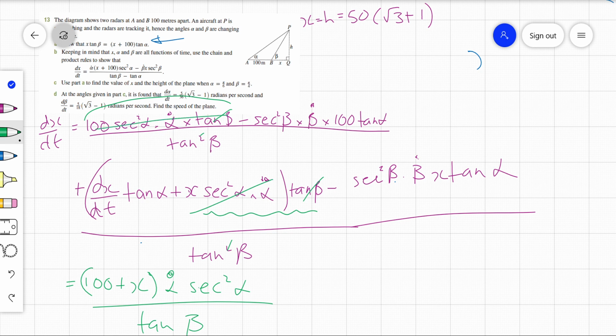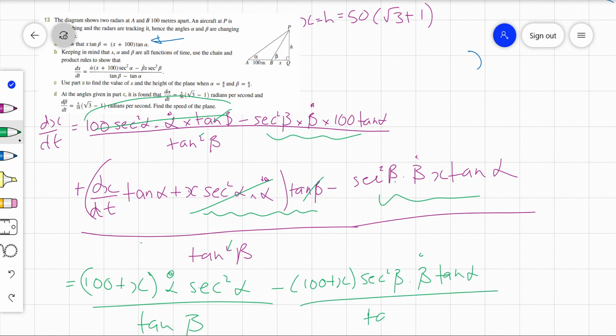Alright, and then if I now look at this section with sec squared betas, this has sec squared betas in it too. So here I'm going to get minus 100 plus x, lots of sec squared betas times b dot tan alpha.